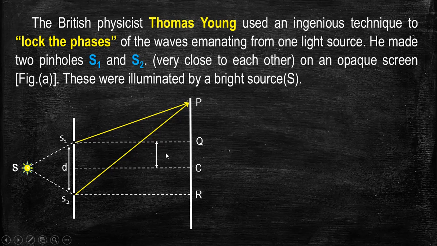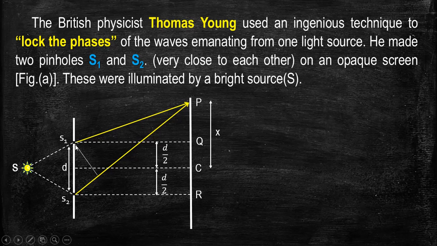Then the distance of S1 from the center is d by 2, and the distance of S2 is also d by 2. P is the point where the light waves from S1 and S2 intersect, situated at a distance x from the center of the screen.